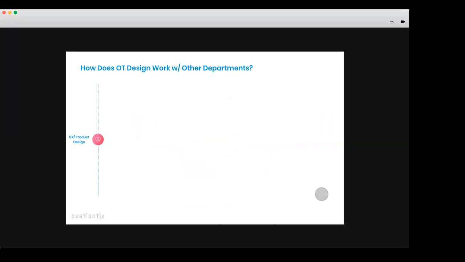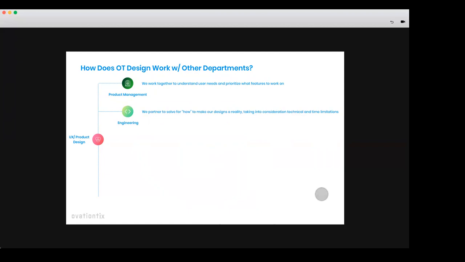As a design team, it's important that we communicate effectively with other departments. But how do we do this? How does the OT design team work with other departments exactly? So we work closely with product managers to understand the user needs and prioritize features. We also work close with engineers who make our designs a reality, but also inform us of the technical limitations that we might have.